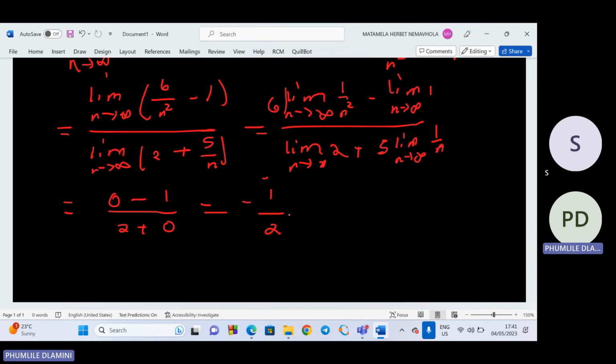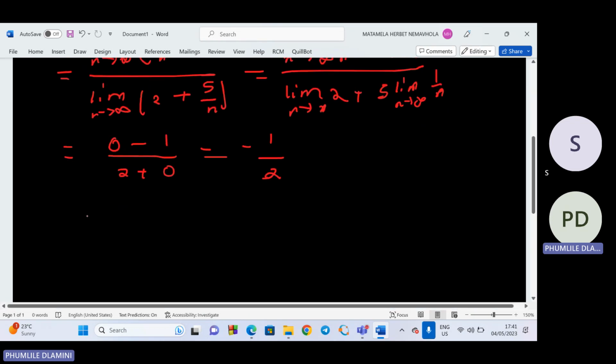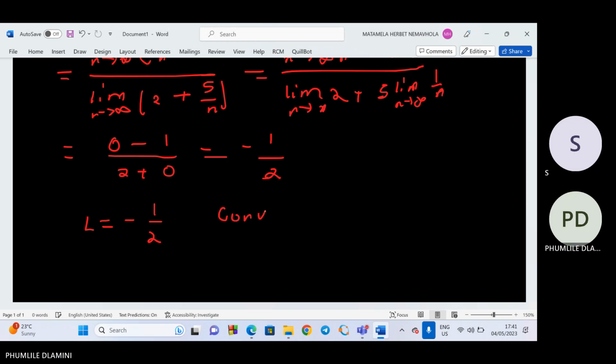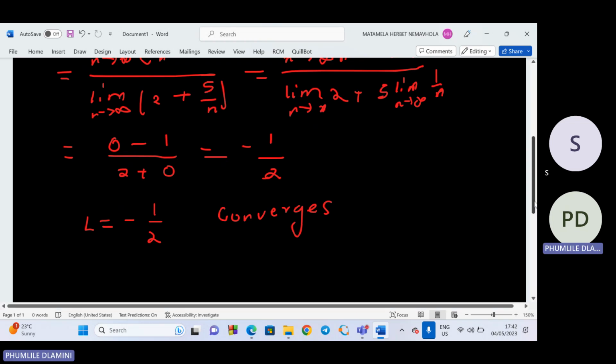So because we got that our L equals minus 1 over 2, it means that this sequence converges. So this is how you show that this sequence converges.